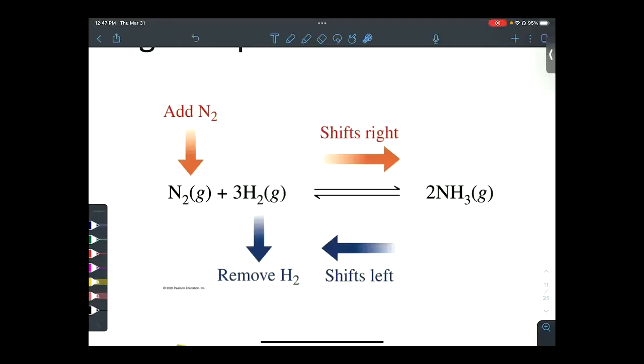What if we remove one of the reactants, in this case H2? If we remove H2, we lighten the reactant side, so in order for the seesaw to equilibrate itself again, we shift the reaction back to the left, adding more H2 to replace what we took away.